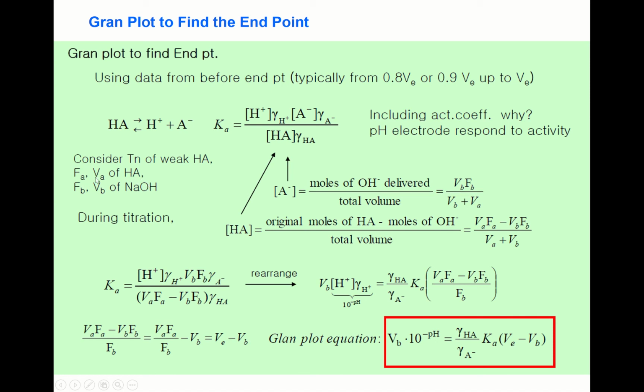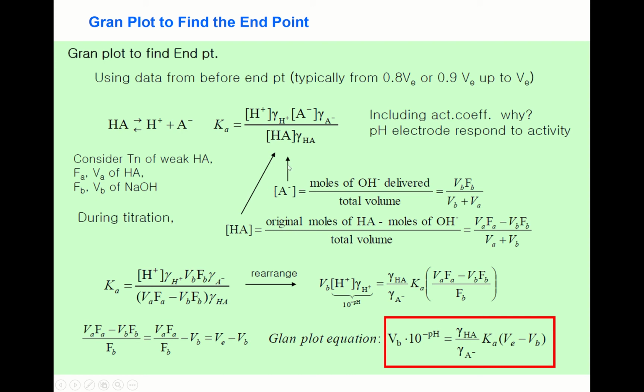formal concentration and volume. And to the solution of weak acid, we add strong base, whose formal concentration is Fb and volume is Vb. Vb is variable. Okay, it changes.